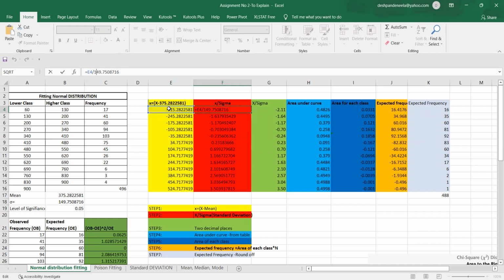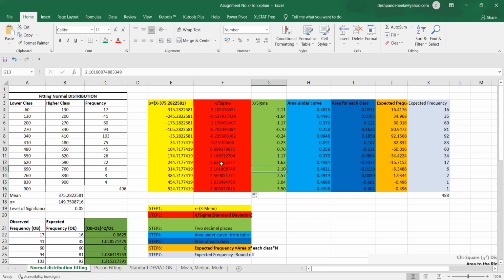So x, that is E4, divided by sigma. What is sigma? Sigma is given over here, which you calculated in the last practical itself, 149.7508716. Just enter the formula here and drag it down.